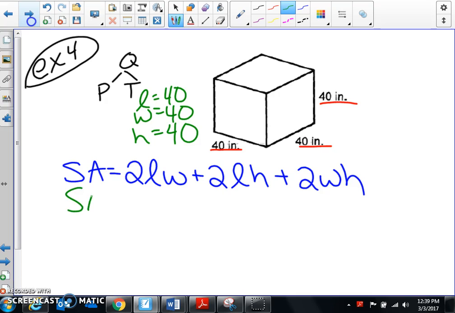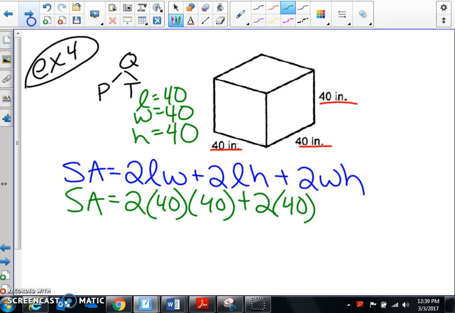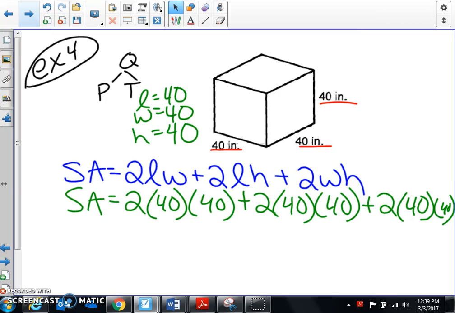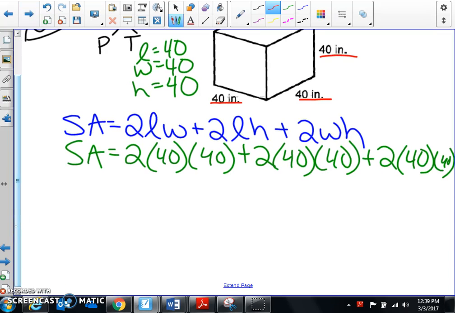So you'd say, all right, surface area equals 2 times 40 times 40 plus 2 times 40 times 40 plus 2 times 40 times 40. All right, so 2 times 40 is 80. 80 times 40 is 3200. And then we just keep on going.